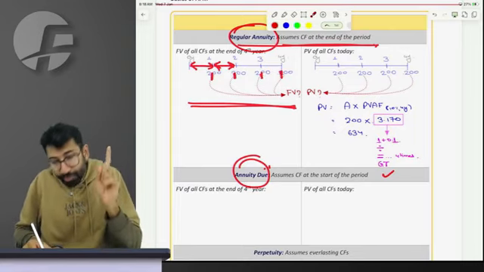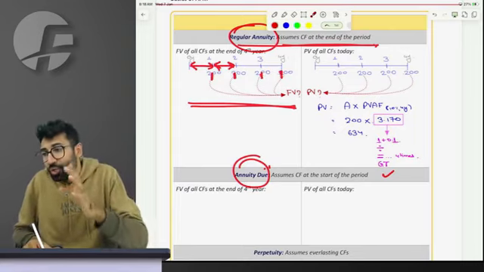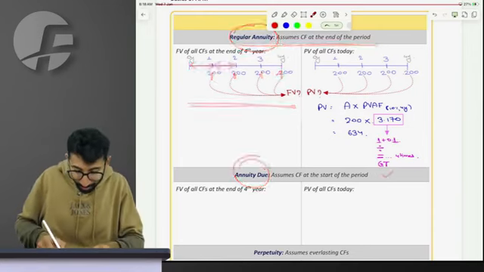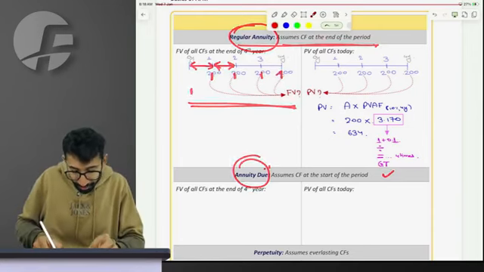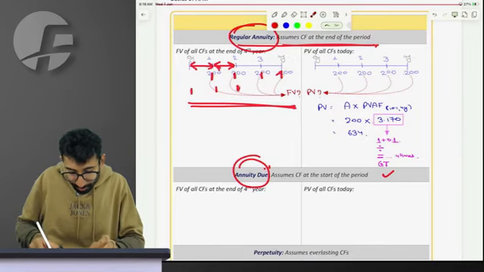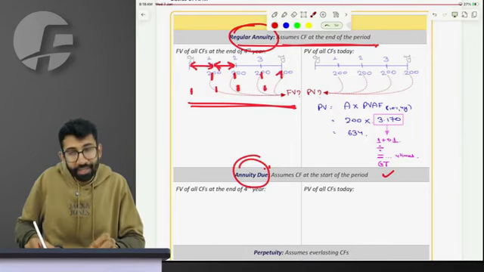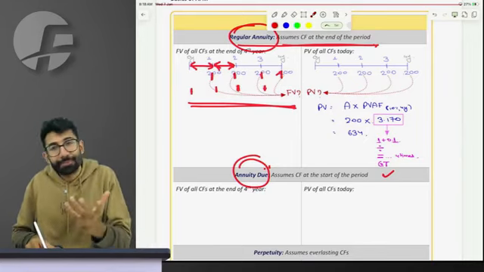In case of annuity due, the cash flows are towards the start of every period, which means the first year's cash flow will be here, second year's here, third year's here, and fourth year's here. That is how the cash flows are.